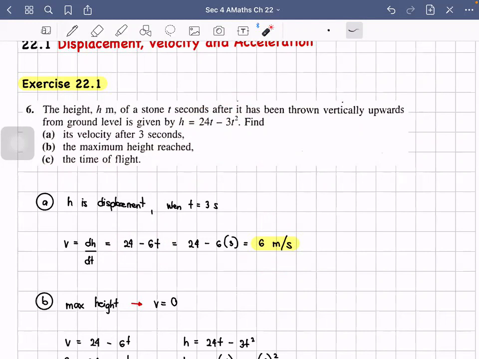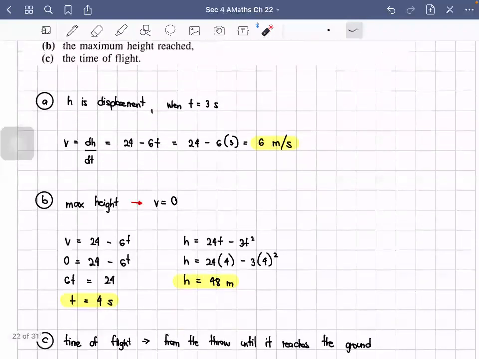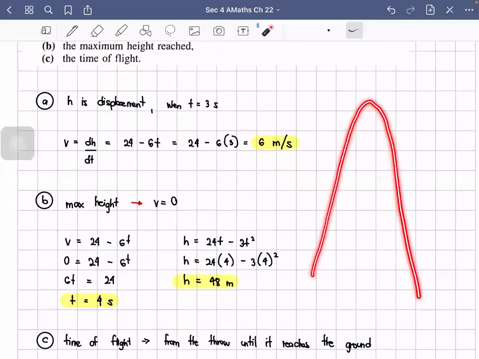Find the maximum height reached by the stone. Okay, class, I told you a while ago that when you throw something and it reaches its maximum height, that means after that height, the direction of the stone is now downwards.